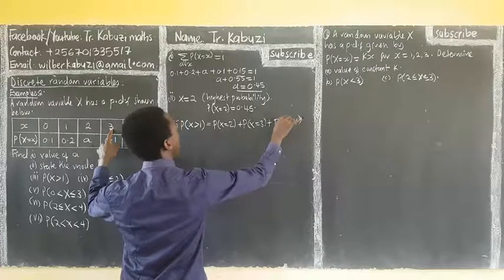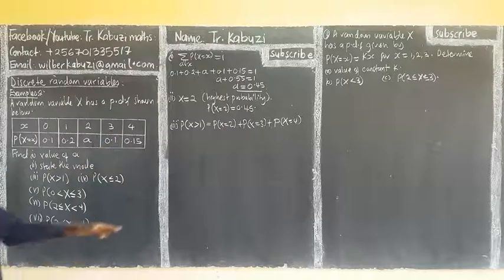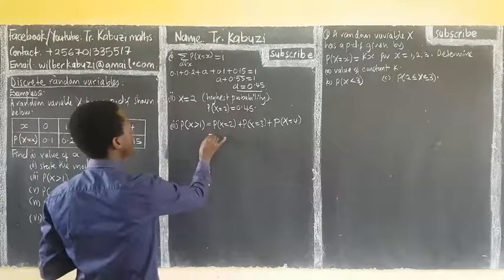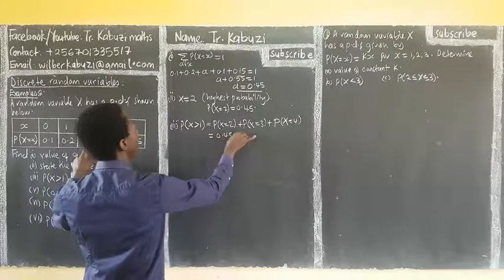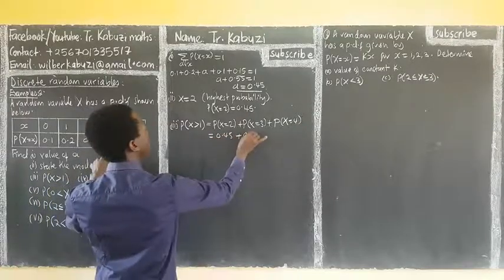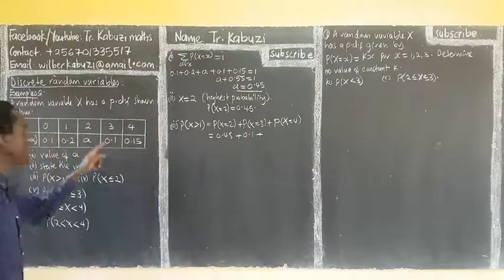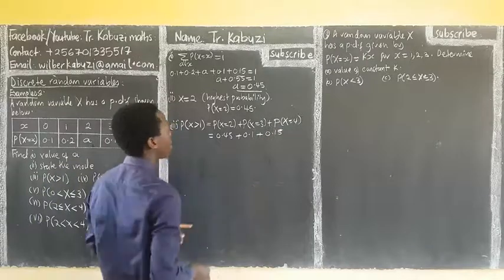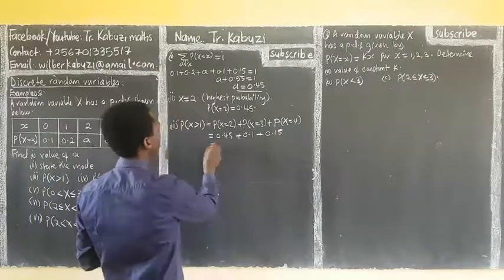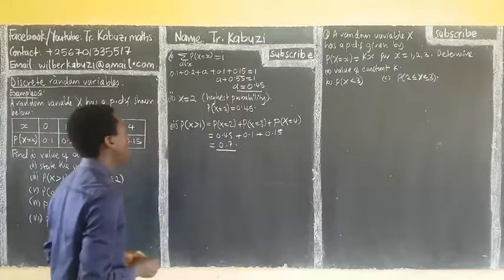We stop there because the highest value of small x we have is that. Then you just put in these probabilities. When X is 2 is A, which is 0.45, plus when X is 3 is 0.1, plus when X is 4 is 0.15. When you add here, I think we are going to get 0.7. So that will be our answer.